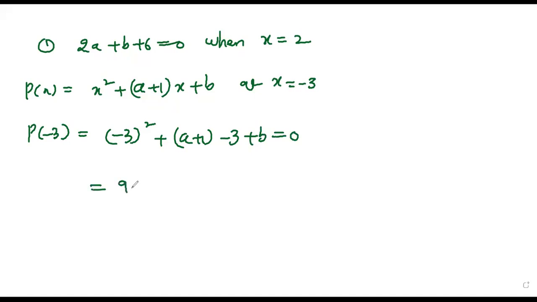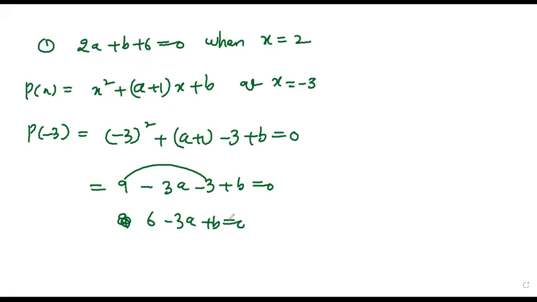That means this is 9 minus 3a minus 3 plus b equal to 0. That means 9 minus 3 is 6, minus 3a plus b equal to 0. This is second equation. This is first equation. If you solve these two equations, you will get the a, b values.